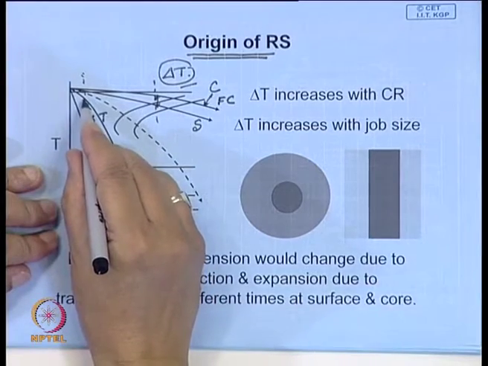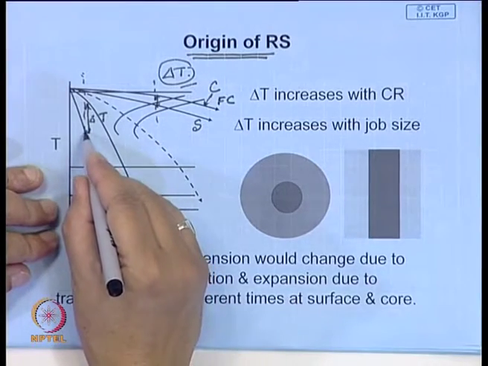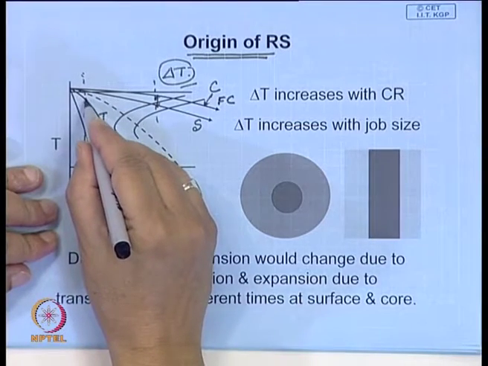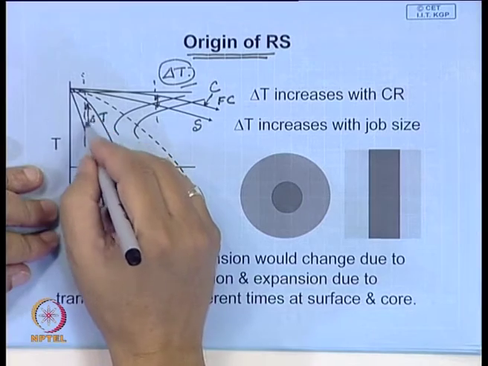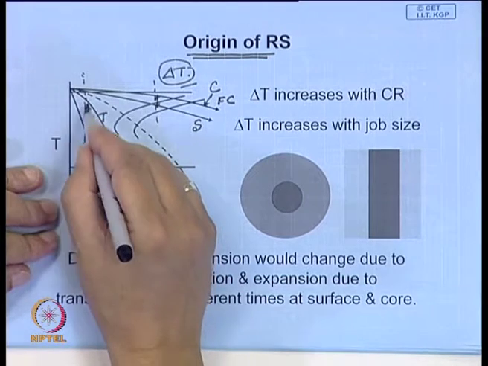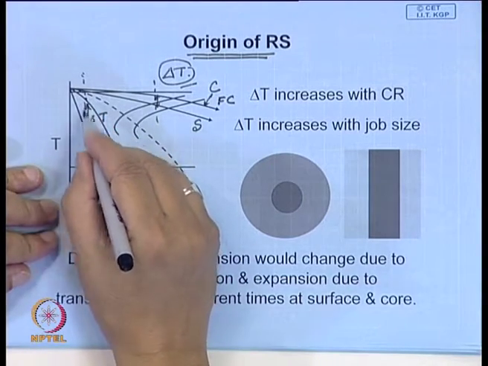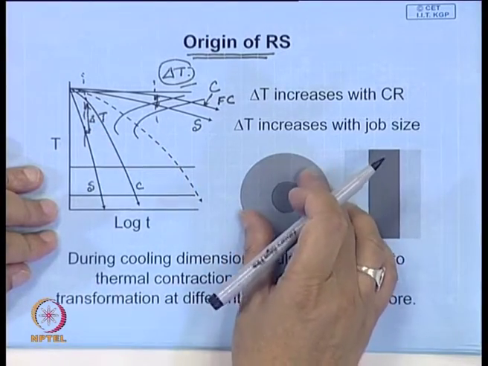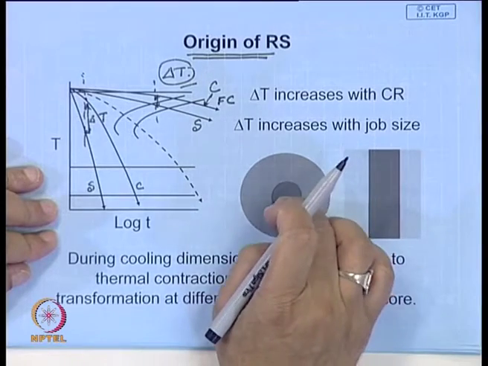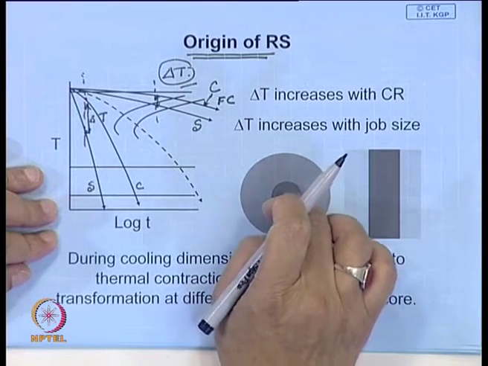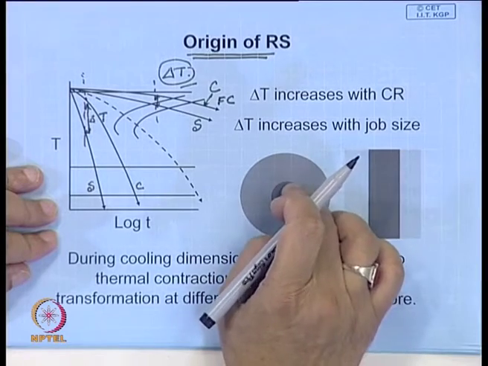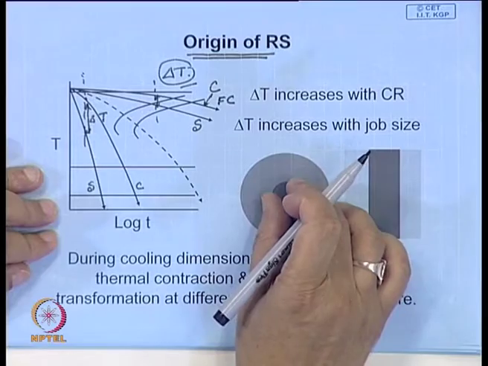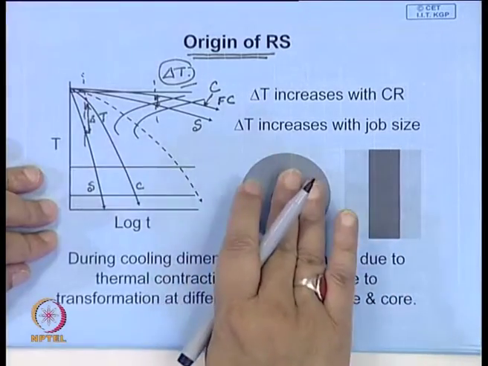So, when the surface has undergone contraction, the core has not contracted that much. So, there will be some stress. The surface has undergone much more contraction than the core. So, the surface is trying to contract, and the core's contraction is not that much. Therefore, the surface will be subjected to compressive stress.